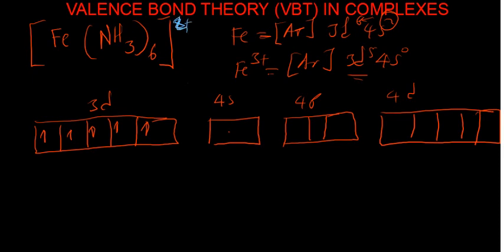So this 2 plus we are using, it means we've only lost 2 electrons from this one. So we can see that there will remain 6 of them. So that means we've got 1, 2, 3, 4, 5.